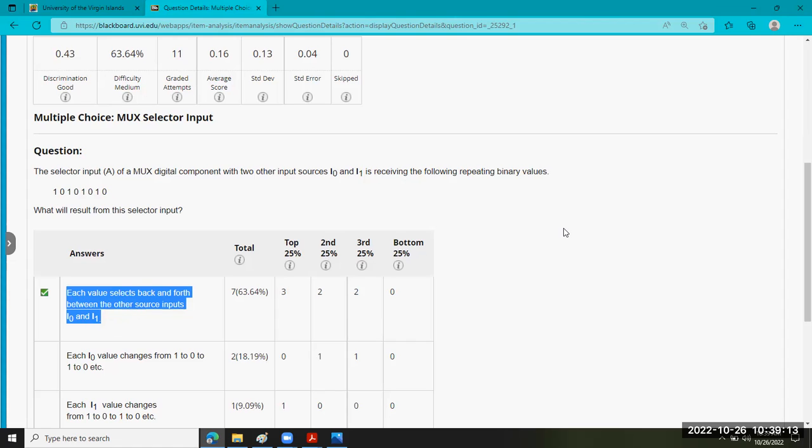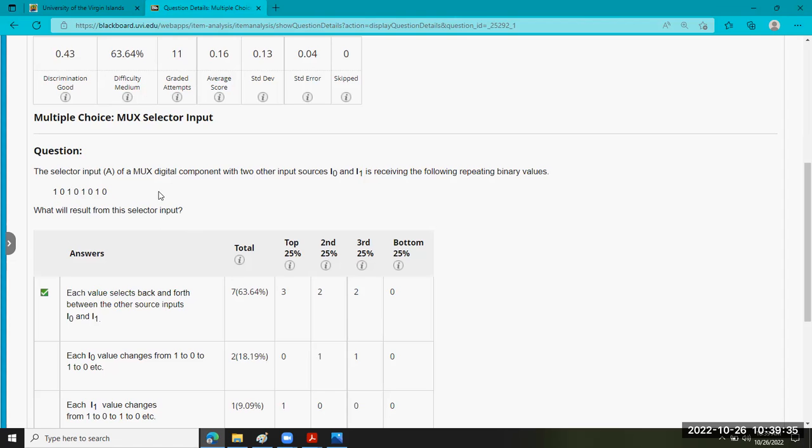So if you have two inputs and they're each receiving different inputs, right? And the MUX input selector A is in the mix, then when that toggles back and forth, you get 1 0 1 0 1 0.